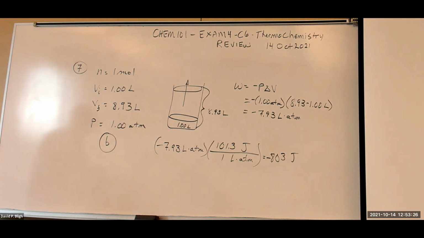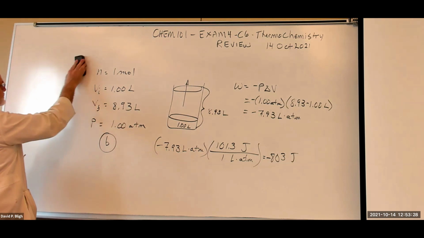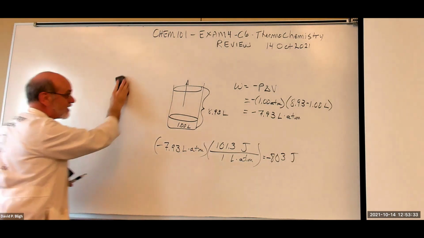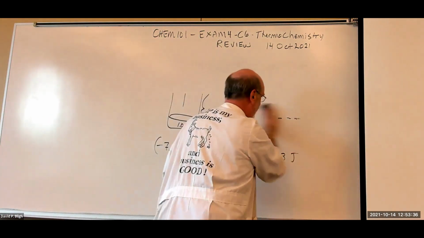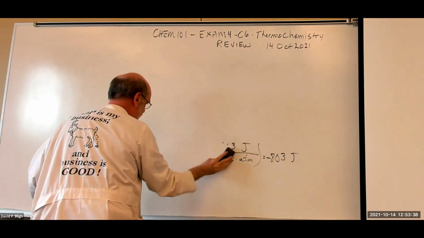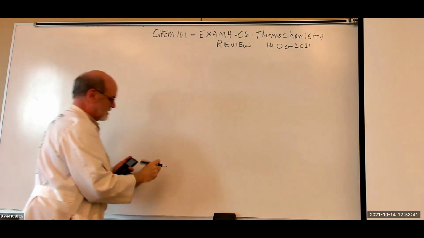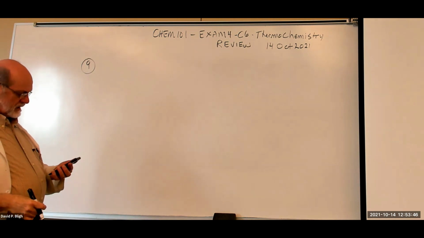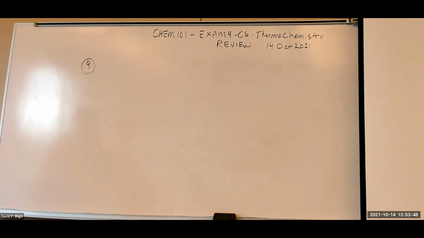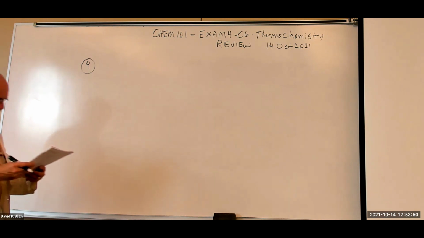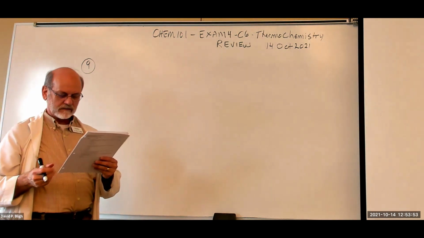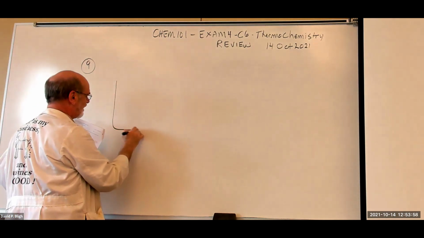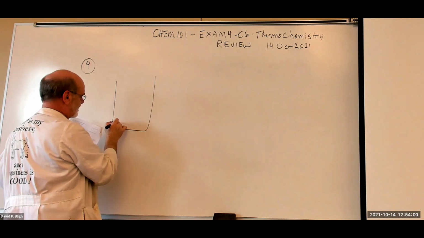Let's see, number 9. A fuel-air mixture is placed in a cylinder fitted with a piston.